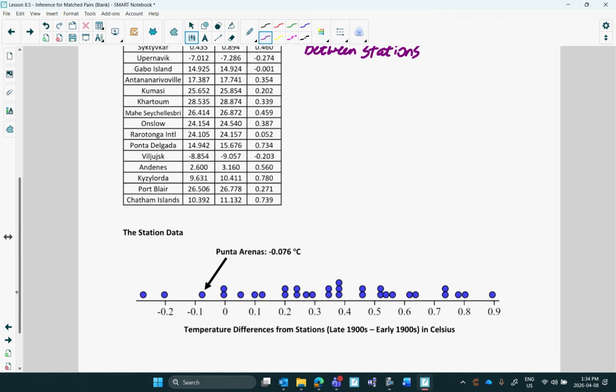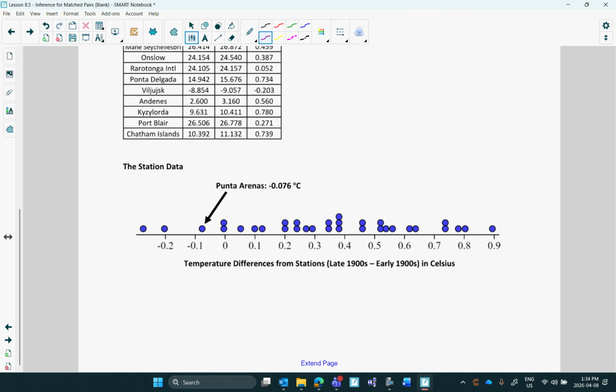Well, in order to quantify that a little bit more, let's find the actual average of all those differences, of all those samples, or the sample mean. And if you calculate the sample mean, you're going to get 0.35 degrees Celsius, which is about there.